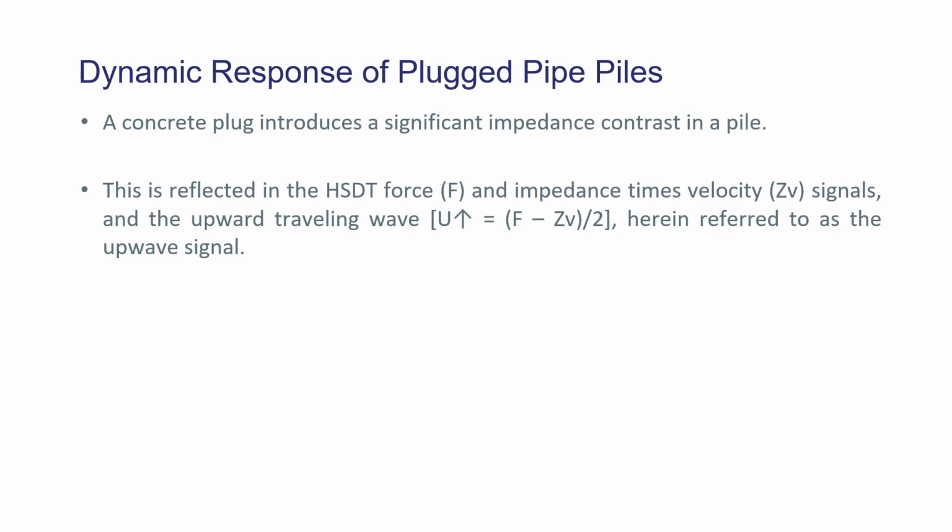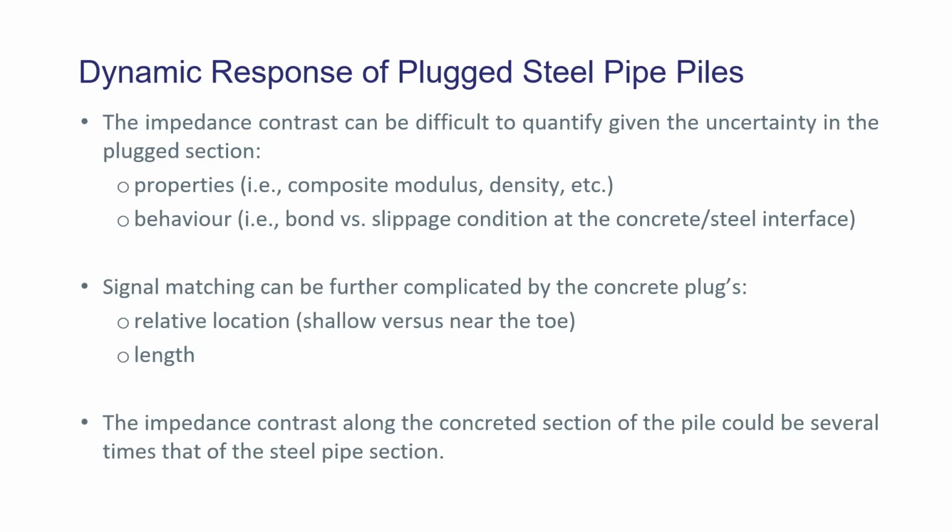And we see it significantly in the force and ZV, and we really see it in this upwave, which is just F minus ZV divided by 2, the upwave signal. The impedance contrast can be really difficult to quantify, given the uncertainty with the plug section.